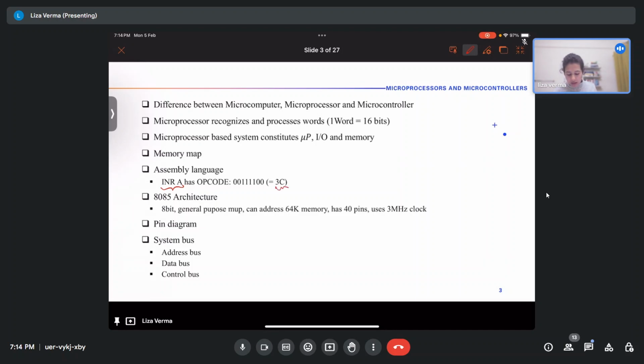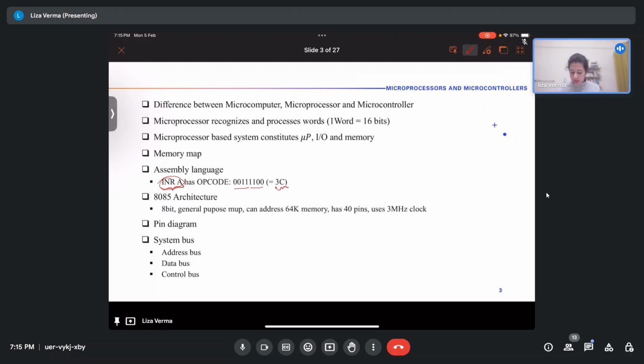And 3C in hex code is 3 and C, where C is 12. So this is the opcode of the instruction INR A.